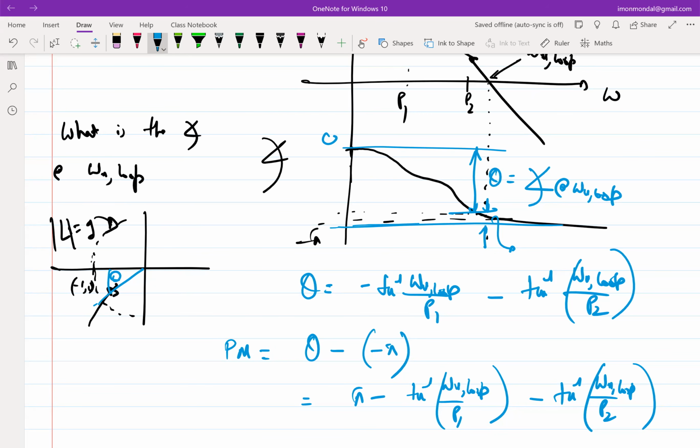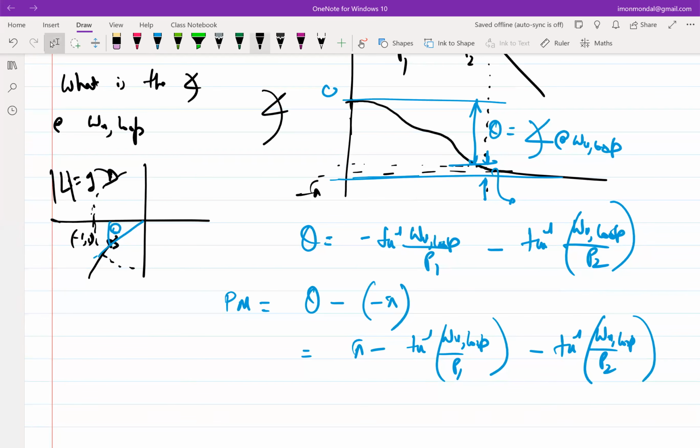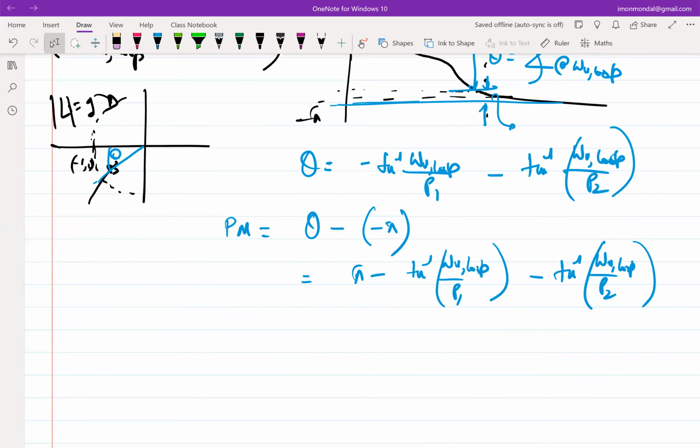Okay. So now let me tie it back to the critically damped case, right? In case of a critically damped case, what was the condition for zeta equal to 1? Omega u loop has to be, sorry, P2 had to be 4 times omega u loop.